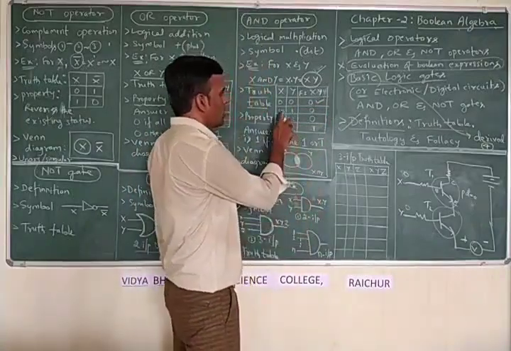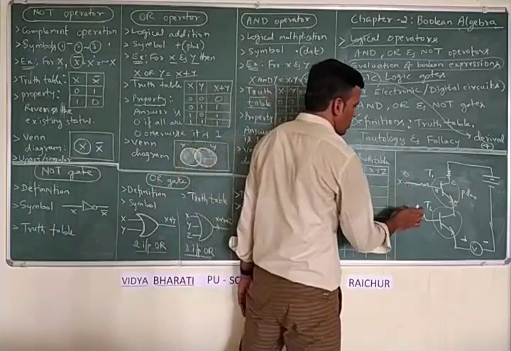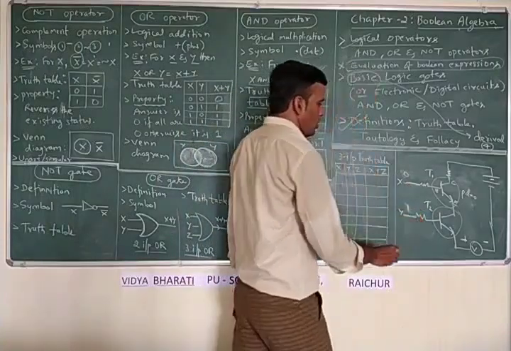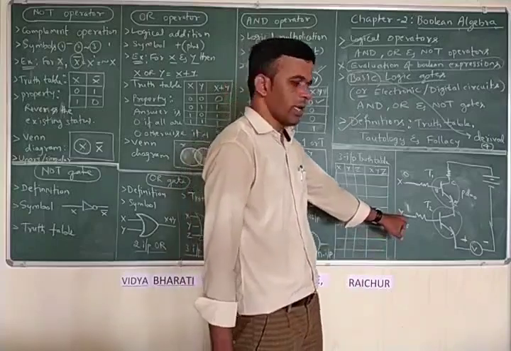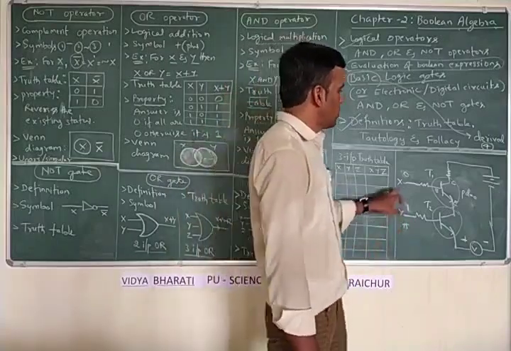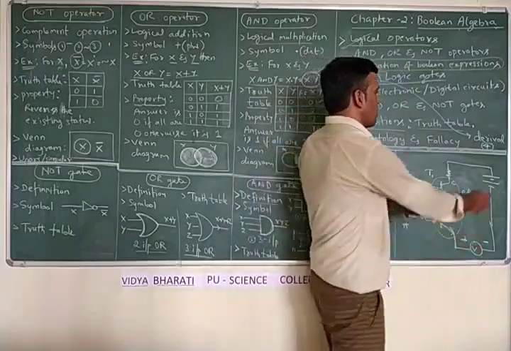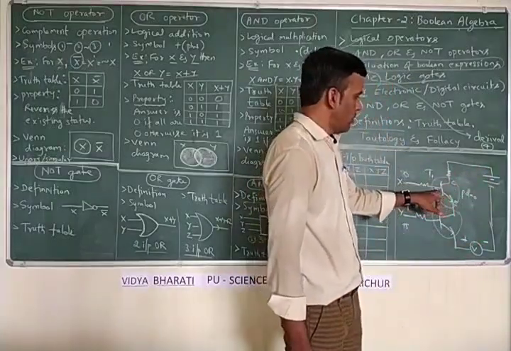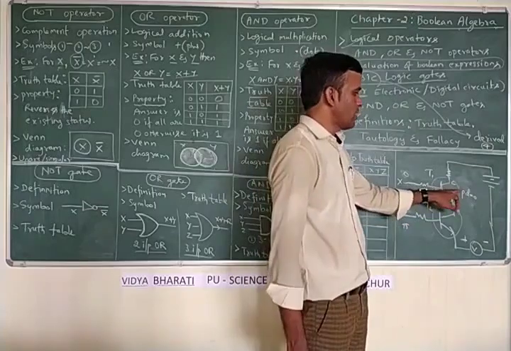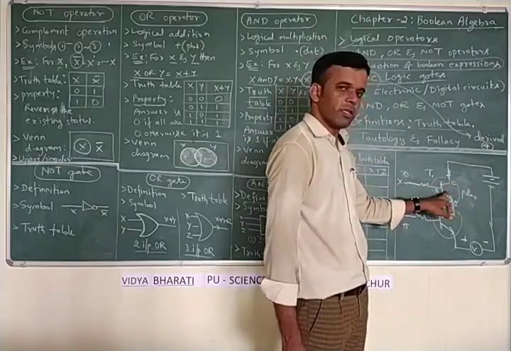Say suppose 0 and 1. So this is 0, this is 1, means you have applied nearly plus 5 volts to this Y line. Okay. So here it is 0. Current won't pass through this transistor, because there is no potential difference at this transistor.